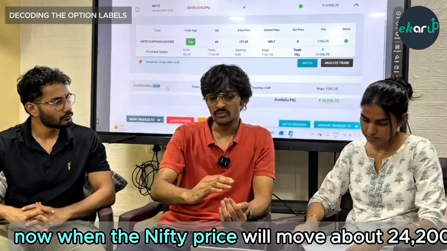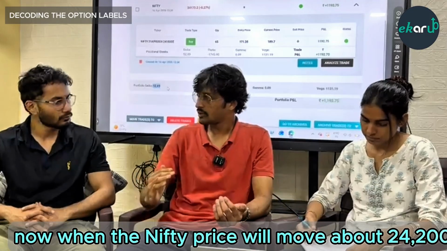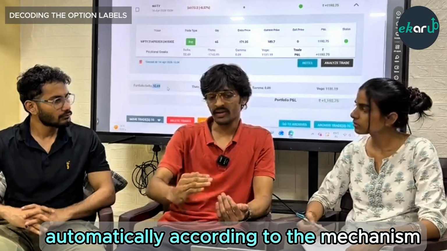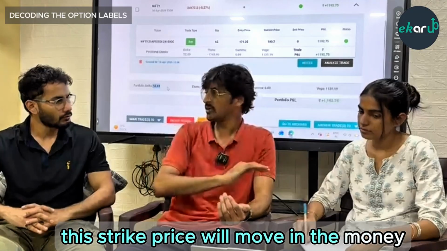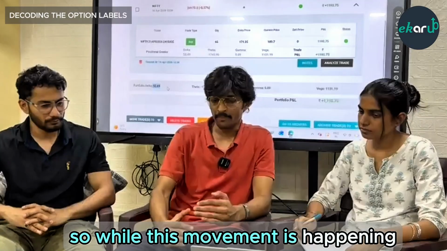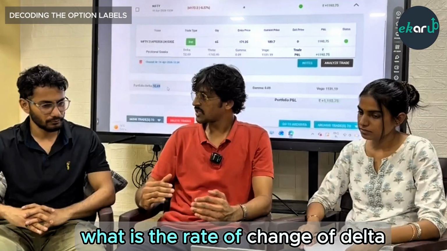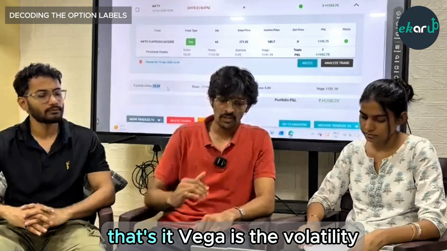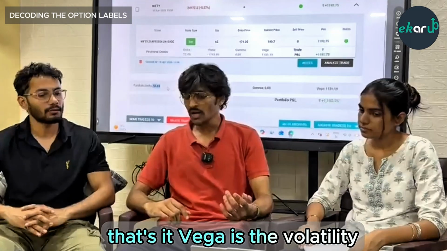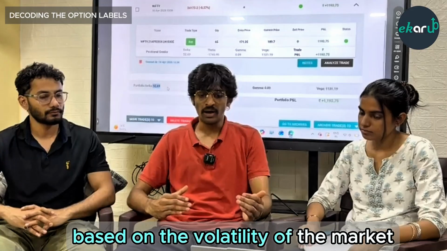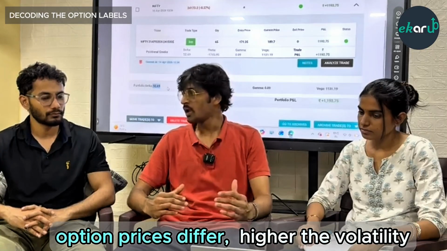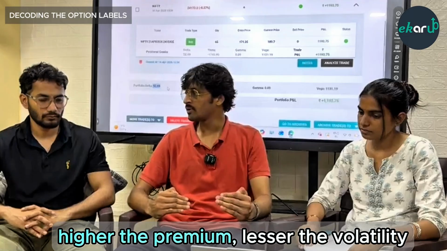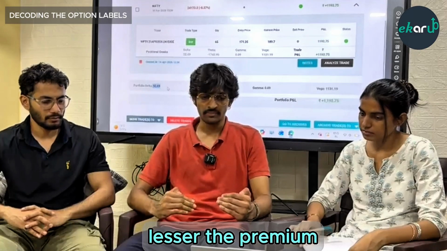Now when the Nifty price moves above 24,200, automatically according to the mechanism, this strike price will move in the money. So while this movement is happening, what is the rate of change of delta? That will be determined by gamma. That's it. Vega is the volatility. Based on the volatility of the market, option prices differ. Higher the volatility, higher the premium. Lesser the volatility, lesser the premium.